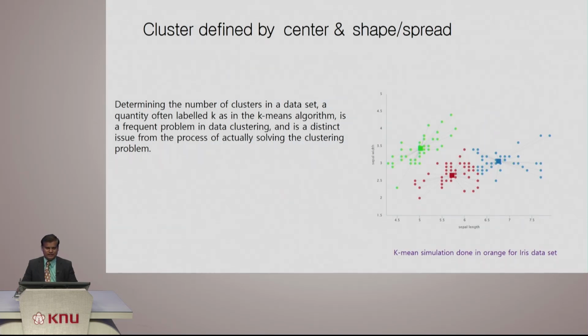So the first question that I was mentioning: a cluster is defined by center, shape and spread. So we know that that's how clusters are defined, and in this case, determining the number of clusters in a data set is a very important process. As we know, the k-means clustering algorithm clusters data points with some distinct characteristics or similarities, and it has k centroids.